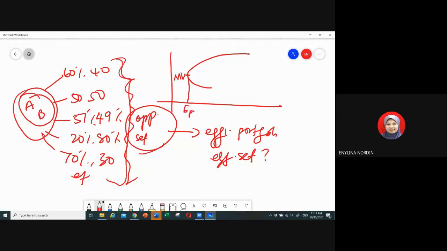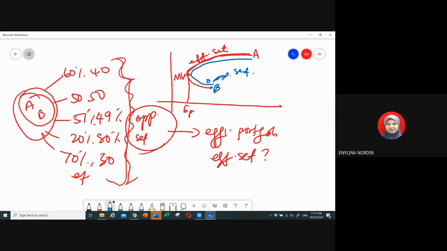It starts from MV to A here. So this is called the efficient set. But if we go from B through MV and continue to A, this blue line is called the opportunity set. This is for two stocks.